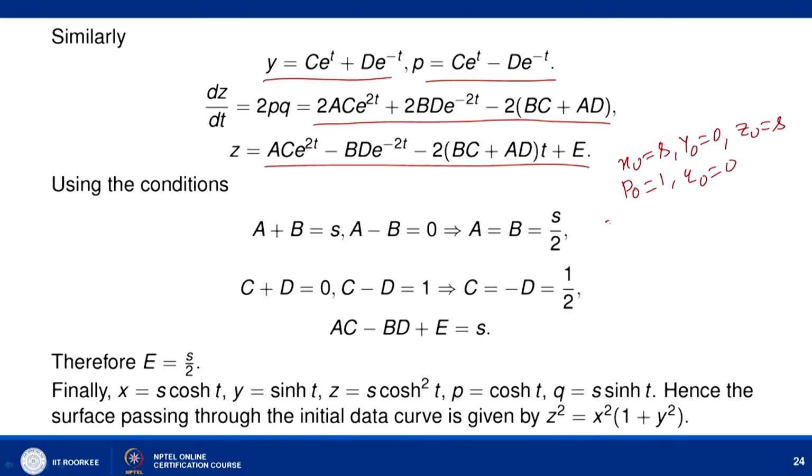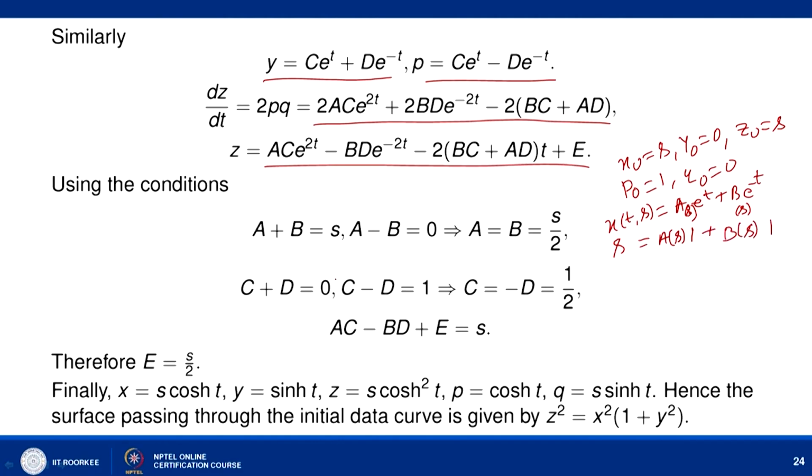Since x(t, s) is given as a e to power t plus b e to power minus t, when we write x(t, s), it means I am assuming that a and b are functions of s. So at t equal to 0, a(s) e to power t is simply 1, plus b(s) e to power minus t is again 1.